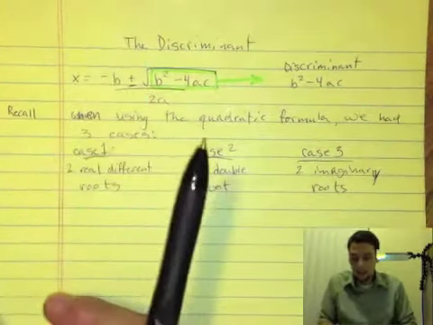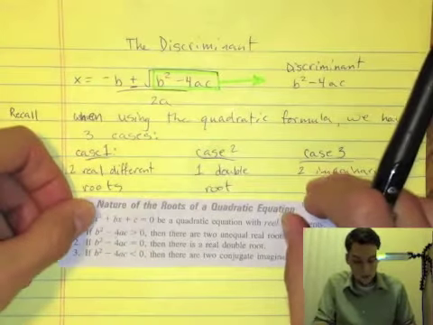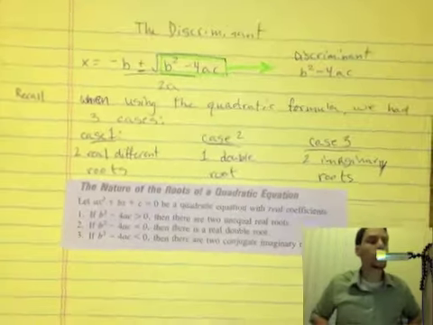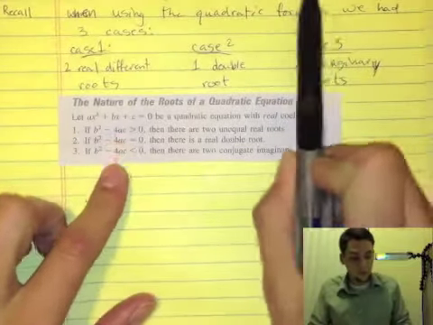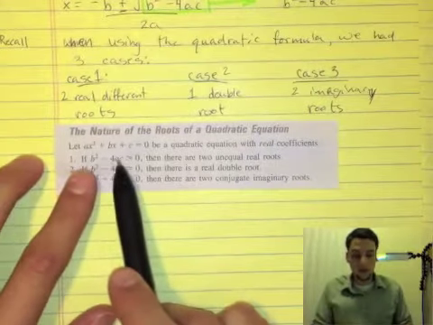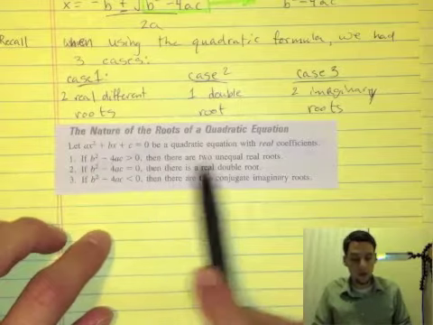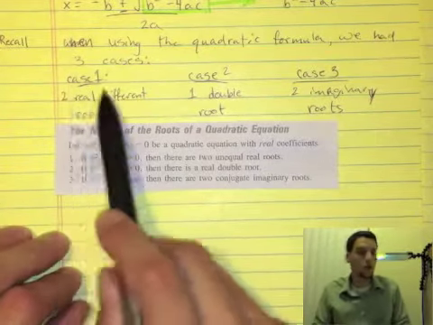We have a neat little box right here that you were given. You could just paste that right into your notes. So the discriminant, which is b squared minus 4ac, if the discriminant is greater than 0, then we have two unequal real roots. That's case one.